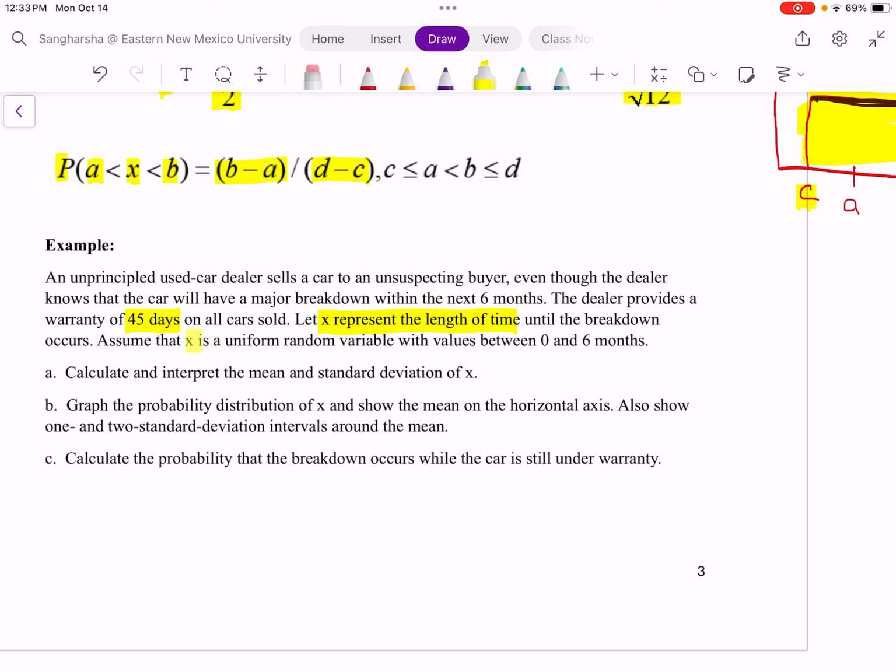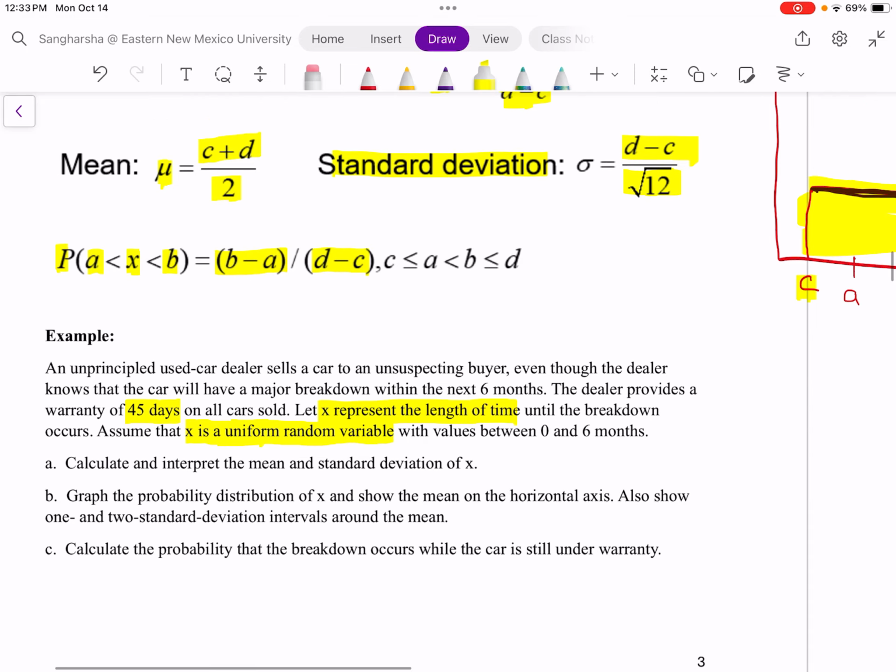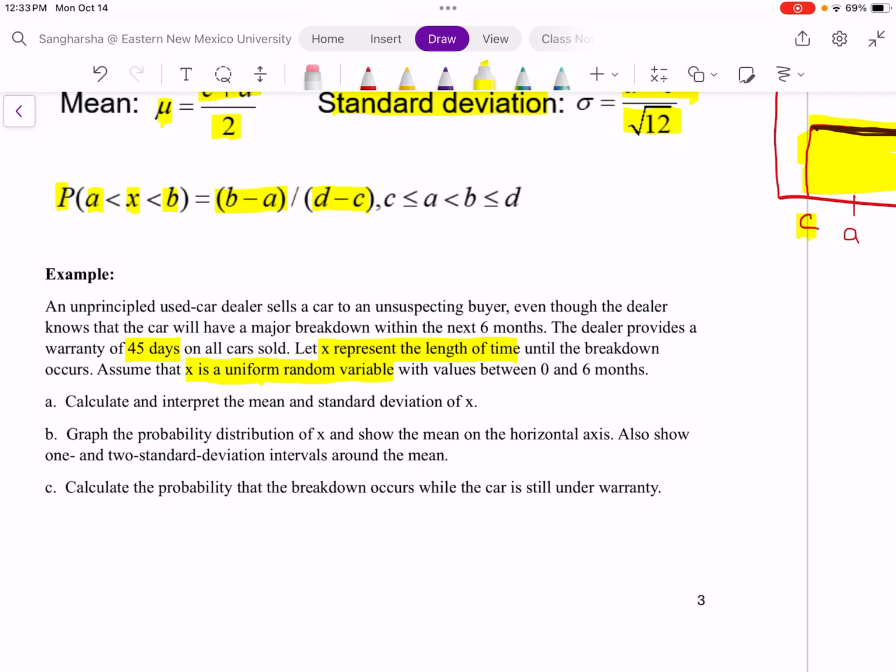Assume that x is a uniform random variable. See, it does mention that. Now our x is a uniform random variable, meaning you're going to use these formulas. So make sure you have this uniform word before you apply these formulas. So x represents a uniform random variable with values between 0 and 6.